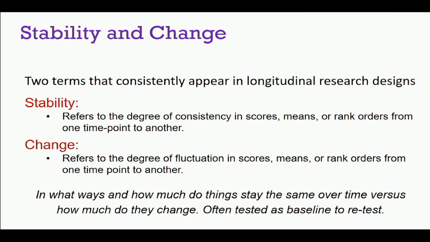So if we have the same score at time 1, time 2, time 3, time 4, nothing's changing. But if we find there's a correlation between time 1, time 2 and time 3 and time 4, that actually allows for our means to be increasing a bit or decreasing a bit in response to treatment or the passage of time.